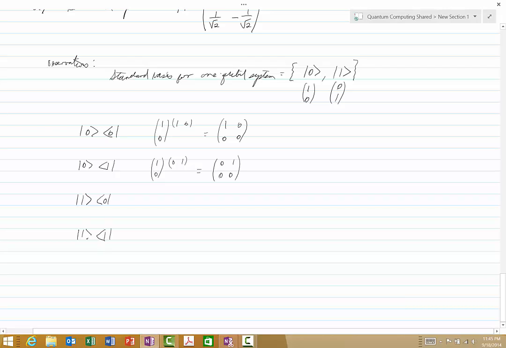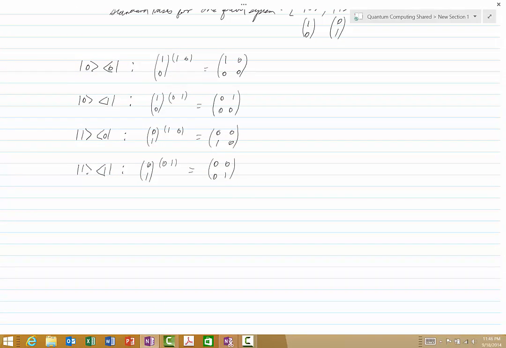For the next one, we would have 0, 1 times 1, 0, which would give us 0, 0, 1, 0. And then finally, for the last one, 0, 1 times 0, 1, and that gives 0, 0, 0, 1. Now, the point of doing this is to make the following observation.